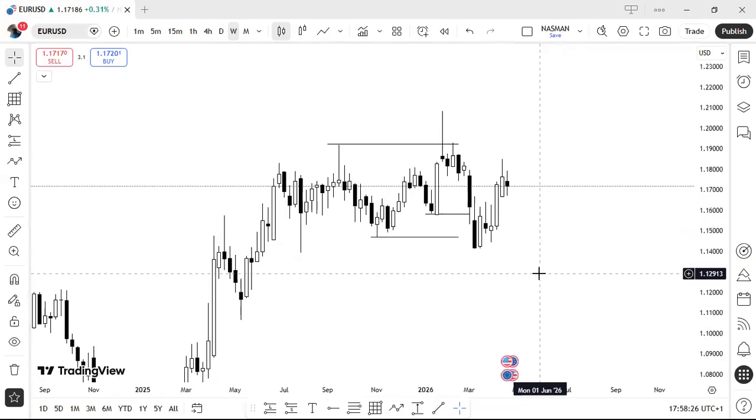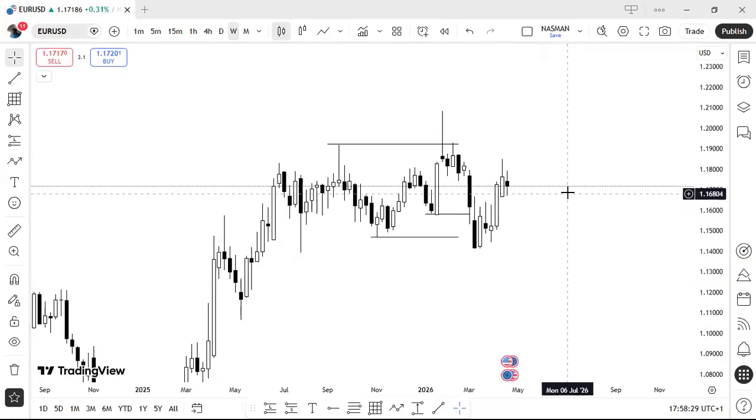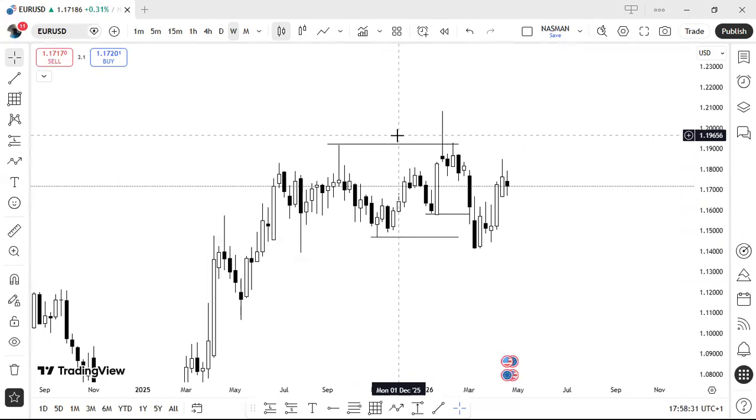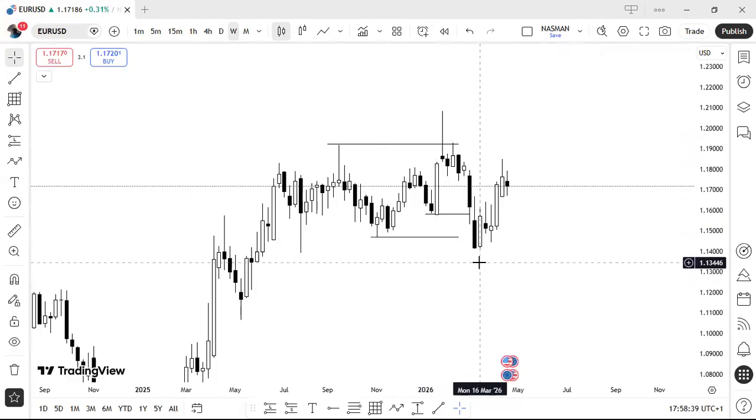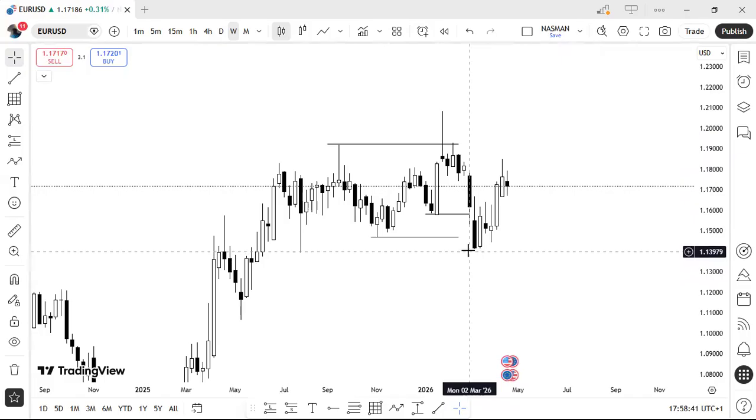I capitalize on where I see opportunities. So on the weekly time frame, we can see a sweep to the downside. That's a sweep of the buy side liquidity down and breaking, a double break of structure to the downside, which makes me see the EUR/USD as bearish.